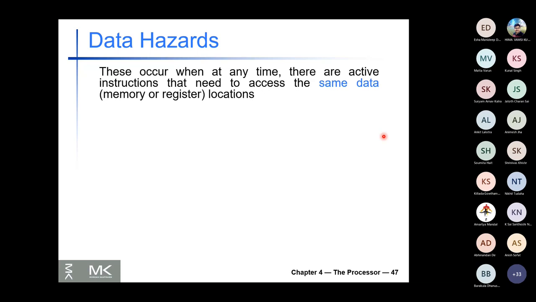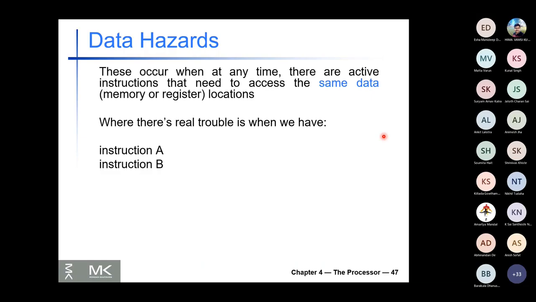There are active instructions currently, and they want to access the same memory or register location. For example, I have an add instruction which has 2 source registers, and in the previous instruction those registers are being updated, but the update has not yet been completed. Then what to do? That is a kind of data hazard.